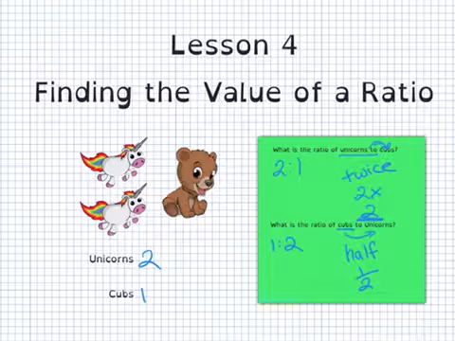So the value of 2 to 1 is going to be 2, and the value of 1 to 2 is going to be 1/2. Now that just gives you a general idea of what we're looking at when we're looking for the value of a ratio, but I want to go over a couple more examples that'll really make this make sense.